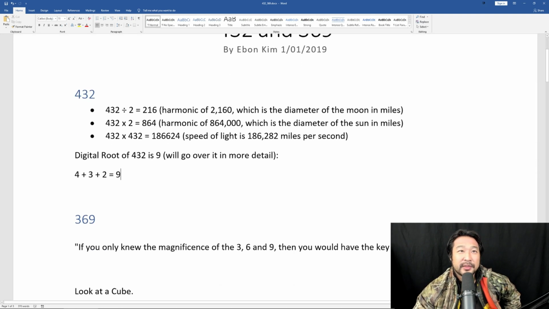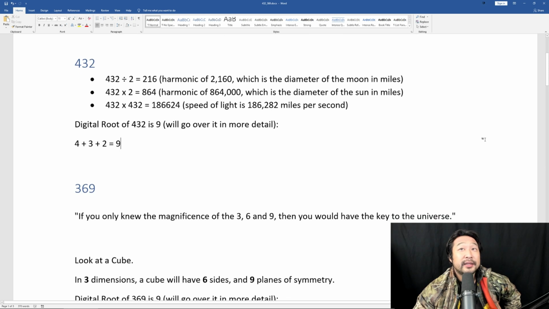I started this document today before we did. So 432, if you divide it by 2, equals 216. Now, a harmonic is basically a set of numbers where it doesn't matter how many zeros you add onto it or how many decimal places you move, it's still the same number.